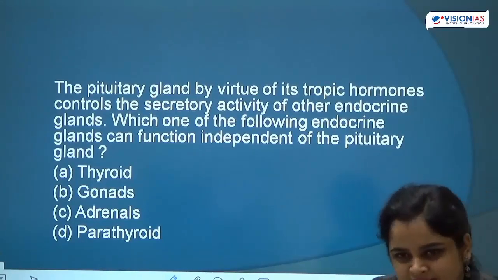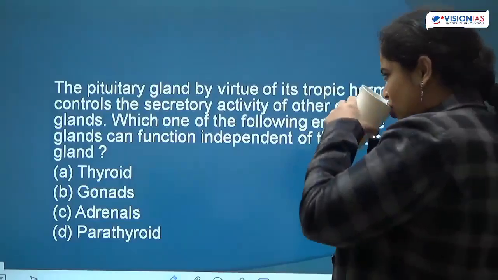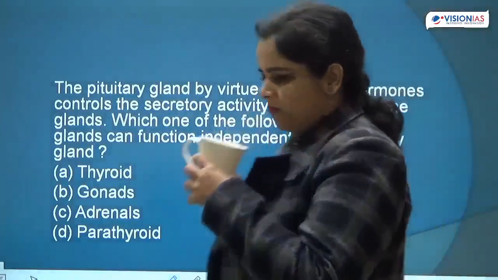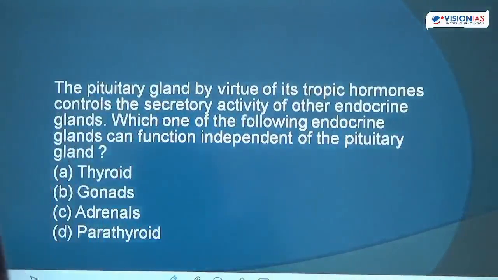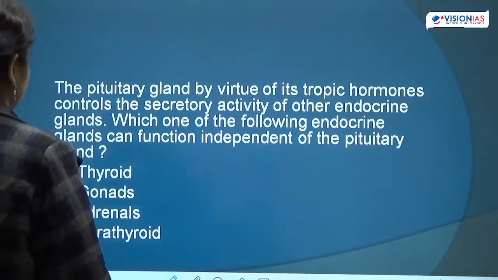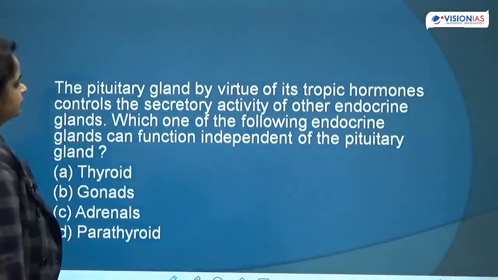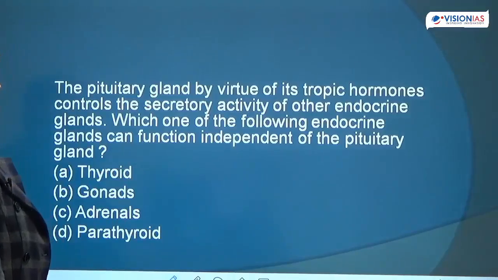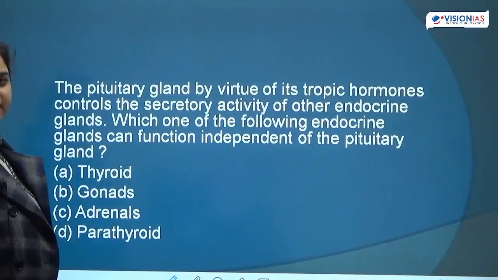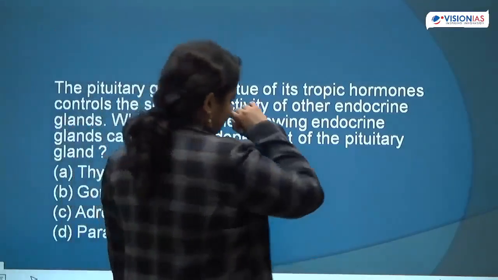Okay, let's look at the question. Pituitary gland, by virtue of its trophic hormone, controls the secretory activity of other endocrine glands. So what does this term mean?